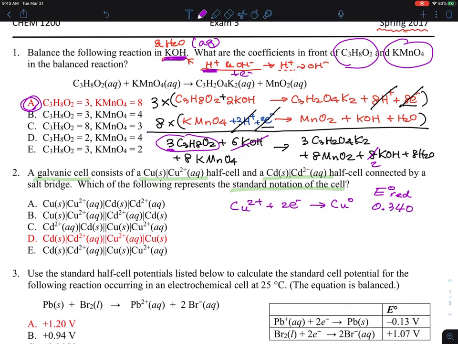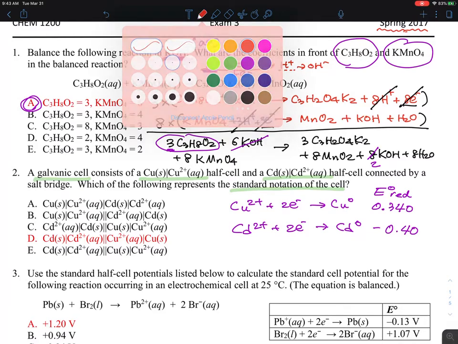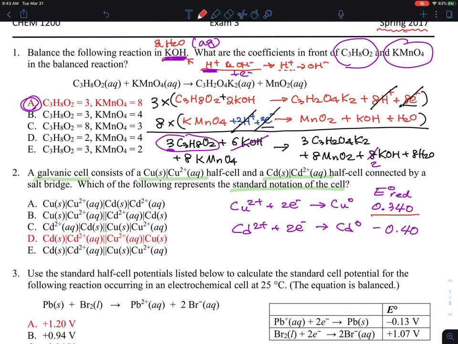Okay, and the cadmium 2 plus with 2 electrons is cadmium 0, and that's a minus 0.40. So then what did I tell you about which one is a winner? This is a winner, right? So let's write winner. This one wins.